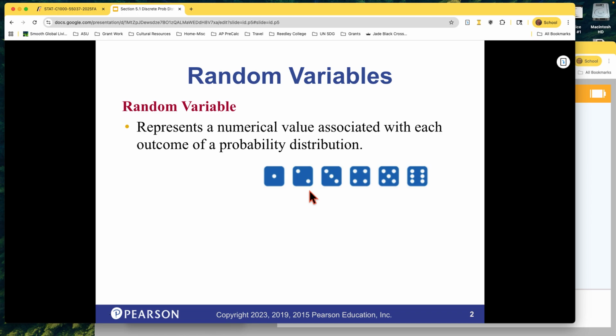It's already a 2, but we're just making it more formalized. So this becomes the random variable x. When this shows up, it's x equals 1. This is x equals 2, x equals 3, x equals 4, x equals 5, and x equals 6.